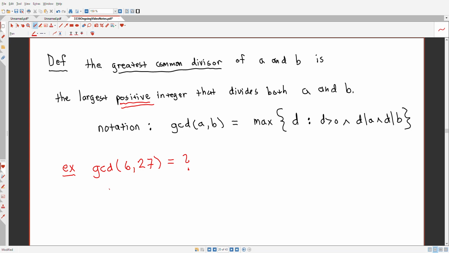So for the divisors, the positive divisors of 6, it's 1, 2, 3, and 6. For 27, its divisors are 1, 3, and 9. So I compare this list of positive divisors and I say, okay, what's the biggest? Oh, it's a 3. So the GCD of 6 and 27 is 3.